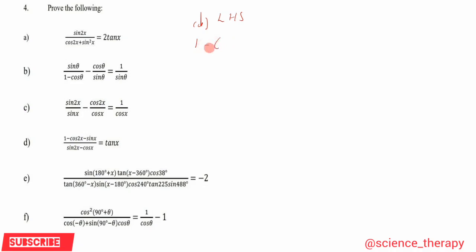So we have 1 minus 2 sine squared x minus sine x, then over sine 2x. So this one is a double angle, we can change it to 2 sine x cos x minus cos x. So we are trying to arrive at this answer here.